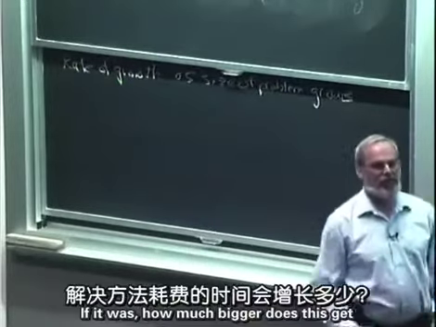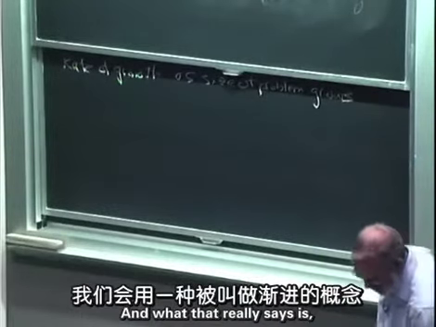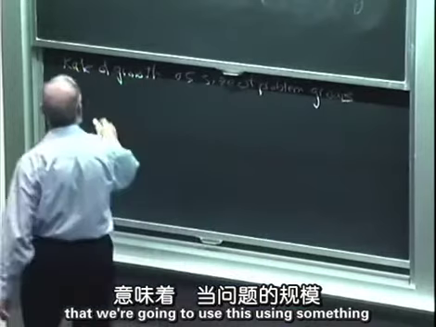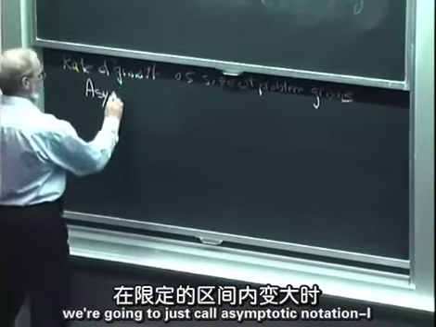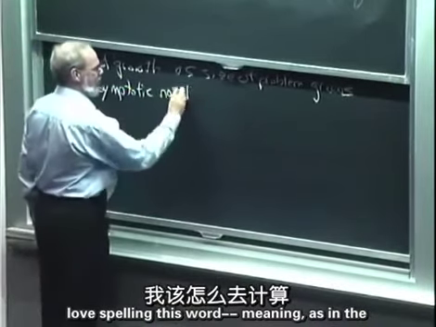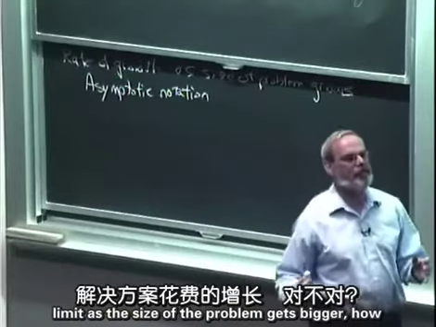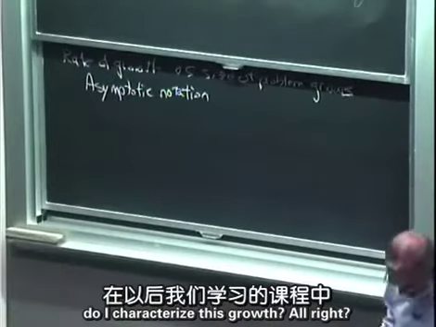In other words, how much bigger does this get as I make the problem bigger? And what that really says is that we're going to use something we're going to just call asymptotic notation. I love spelling this word. Meaning, as in the limit, as the size of the problem gets bigger, how do I characterize this growth?